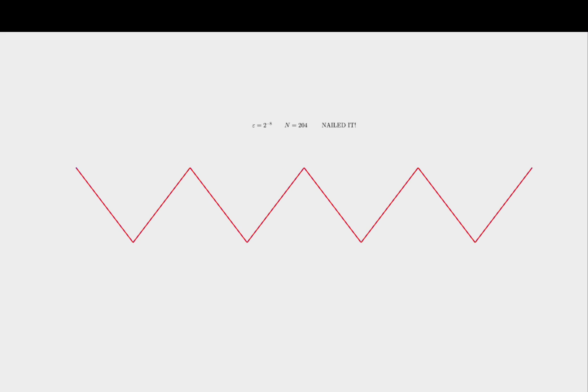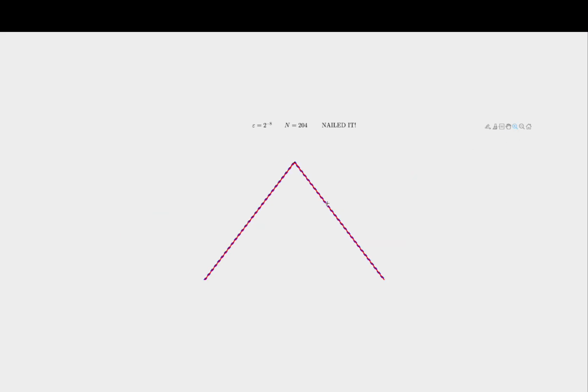It has no corners, and yet it converges uniformly to this function. If we were to zoom in, we would see that it's completely contained in the dashed blue ribbon around our function. Let's zoom in just a little more. And there we see that we get uniform convergence.